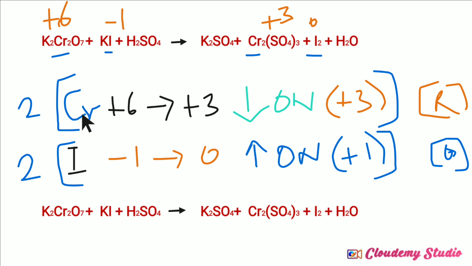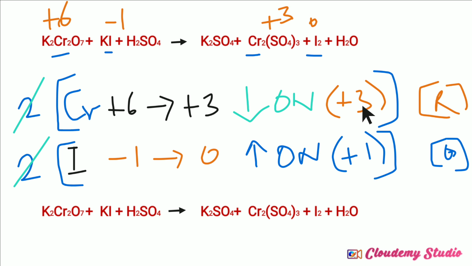We need to write the decrease in oxidation number for chromium, and 2 times we need to write the increase in oxidation number for iodine. Now when we check, both have the same multiple, the multiple of 2, so we can cancel it. So now the decrease in oxidation number is 3, the increase in oxidation number is 1.